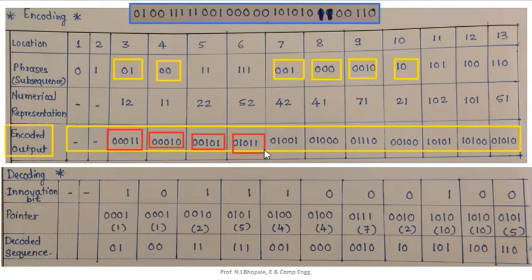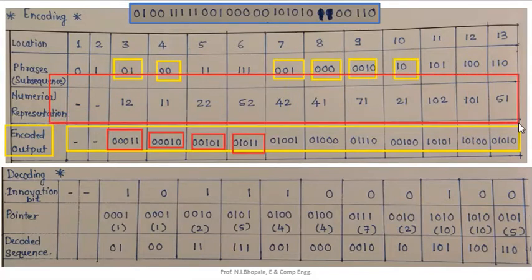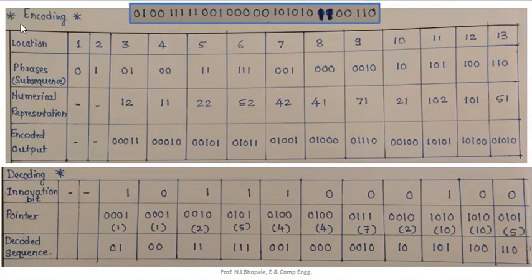So this type of coding is also called variable length to fixed length code. So that is what is done. So when we want to check whether this is fixed or variable, then the answer should be this is variable length coding technique to fixed length coding technique. So this is how the table of encoding is being prepared.